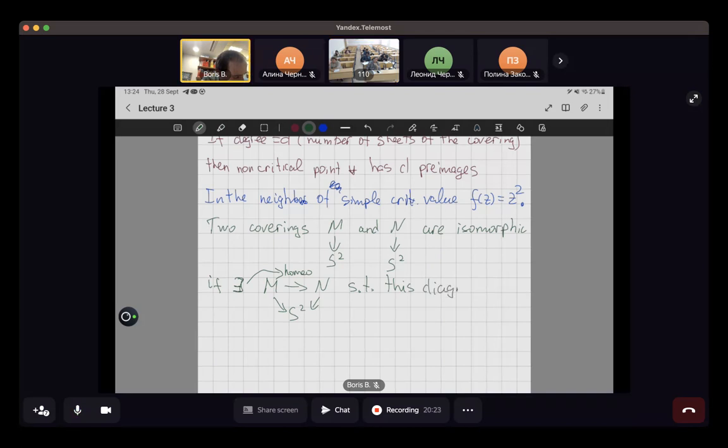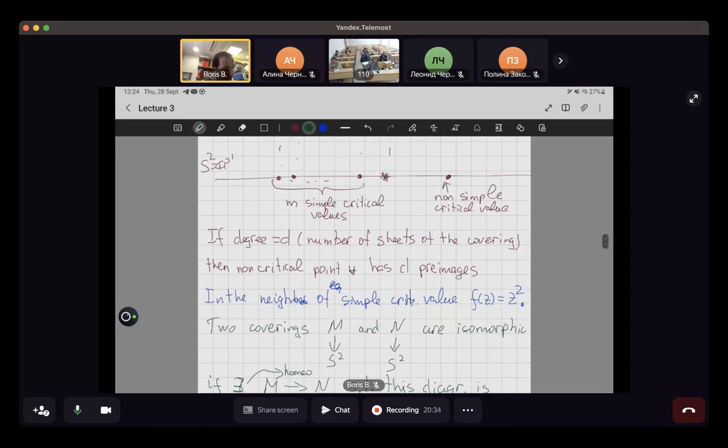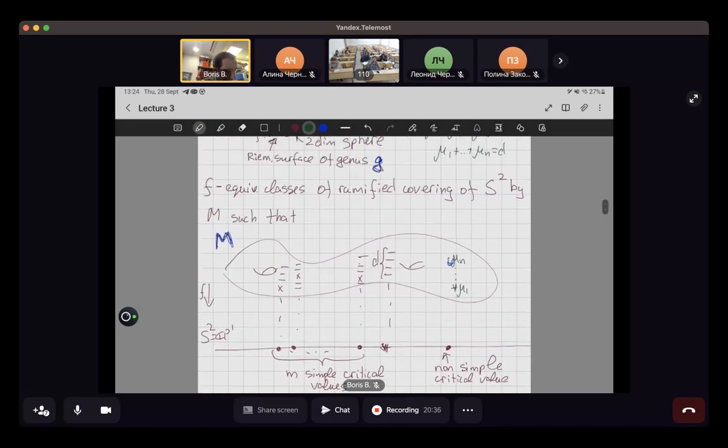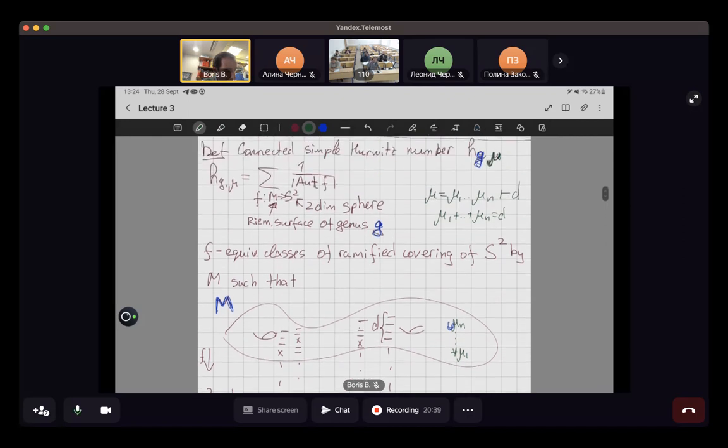Here we take the isomorphism classes of such coverings, and we divide by the automorphism group of such a covering, which I do not want to define formally now.